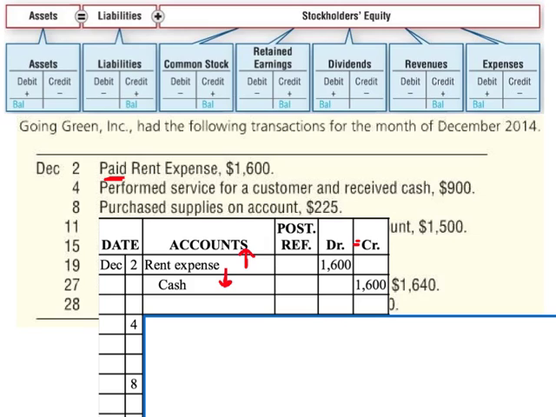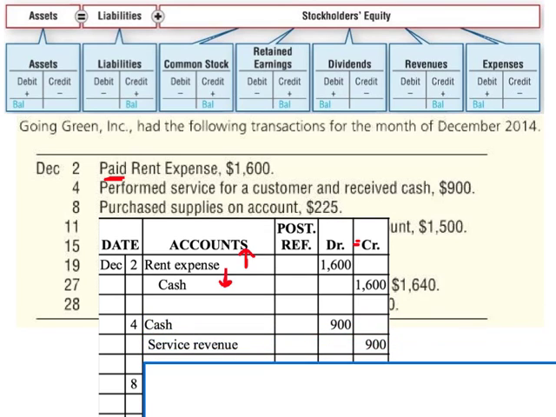And then we performed a service here. And that's how companies earn their money, by performing services or delivering product. That's revenue. And look at here, how do we increase revenue? With a credit. So my debit is going to be to cash for $900.